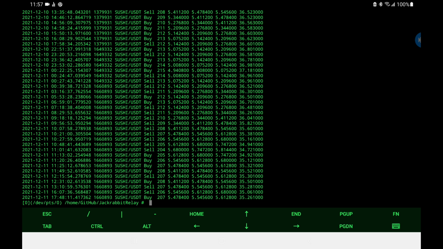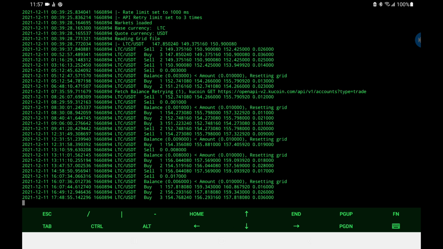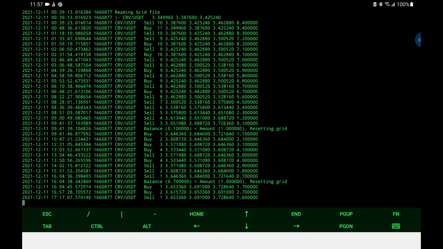Now, let's go take a look at another coin. Okay, CRV is a coin I migrated as well. This one was migrated from Kraken. And as you can see, I've gone through 2 resets on this screen.